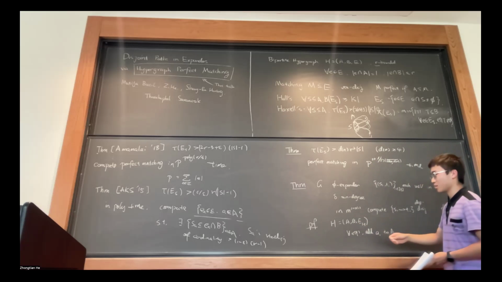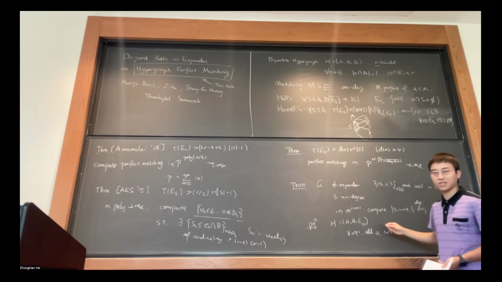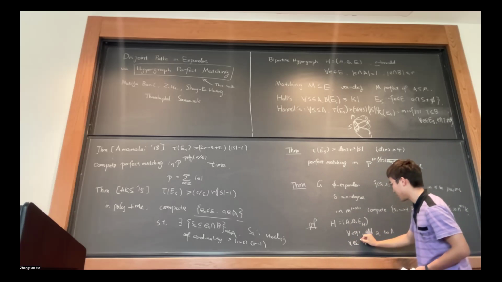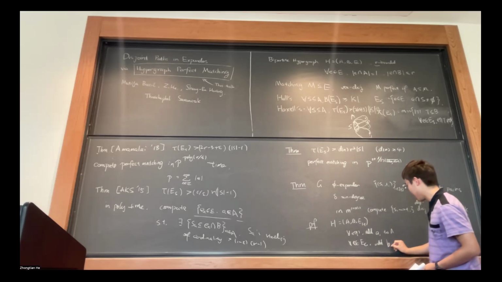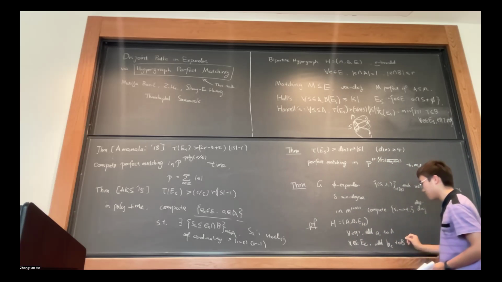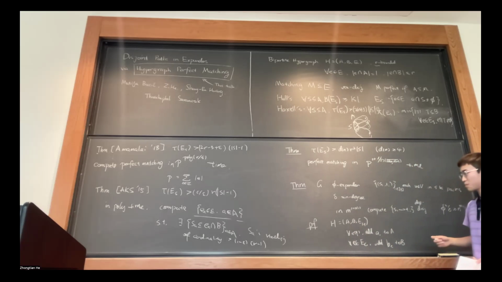And B is just the support of the edges in the original graph G. So for each e in E(G), you add a vertex that stands for this edge to B. And for each path connecting s_i to t_i, you want to add a hyperedge that stands for this path.